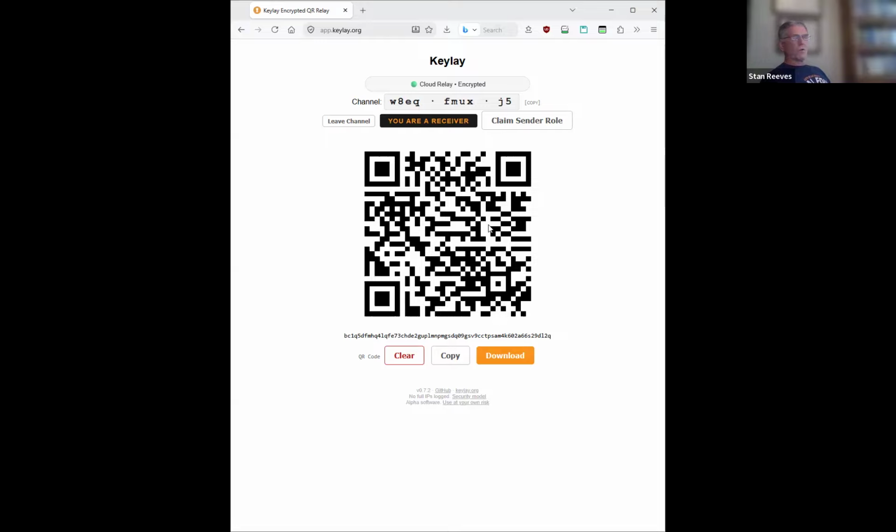So that's just a single QR code, and that's a little easier. But also, after you've set things up, you want to be able to coordinate spending. But also, we want to be able to set up the descriptor.